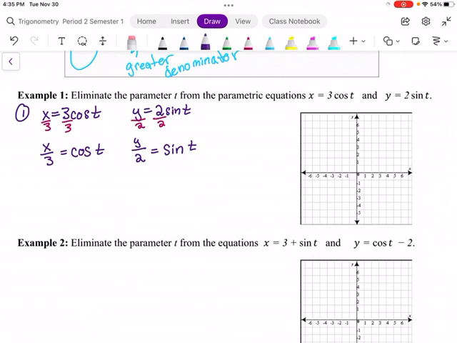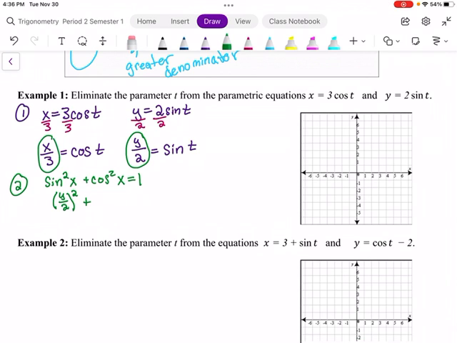Then when we move on to step 2, we are going to substitute these into our Pythagorean identity of sine squared plus cosine squared equals 1. We know that sine is equal to y over 2, which will leave us with y over 2 squared, plus cosine is equal to x over 3 squared. And this is equal to 1.